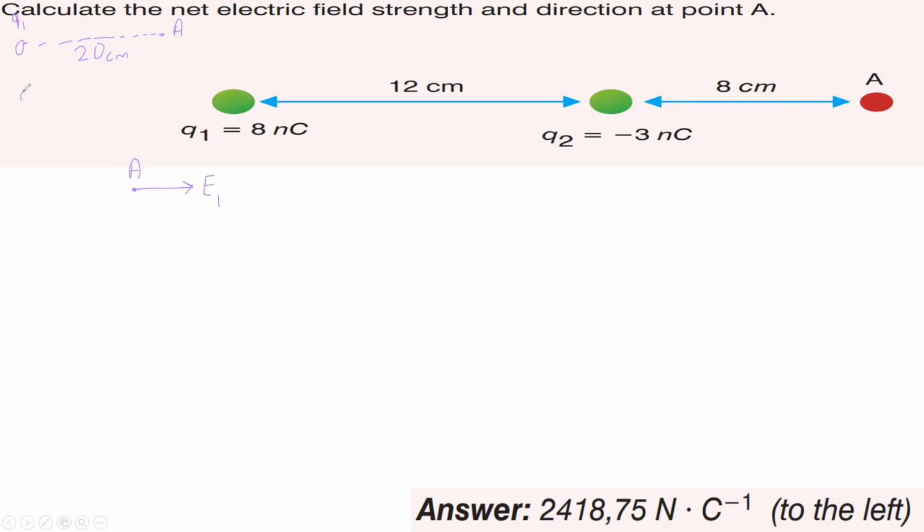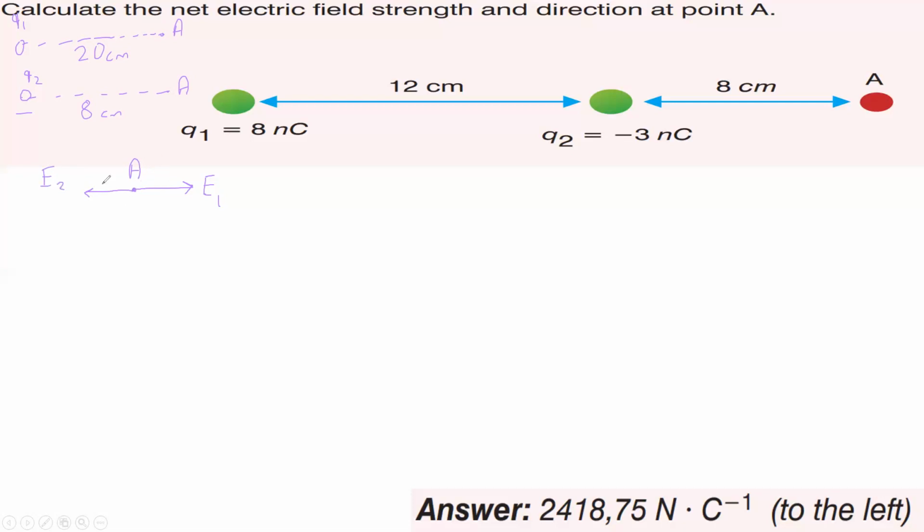Now you have Q2 and the distance, as you see, is 8 centimeters to point A, and the direction, it is negative, so just the attracting direction of E2 to the left. I hope everything is fine so far.